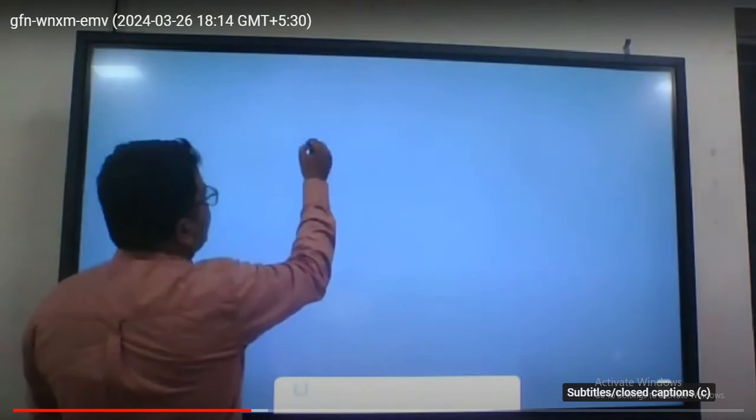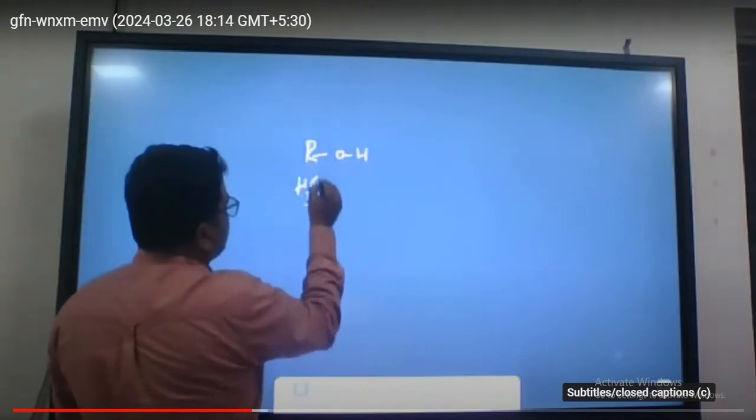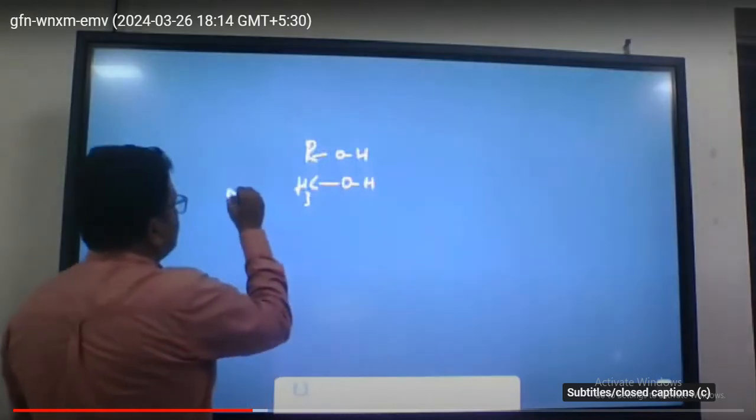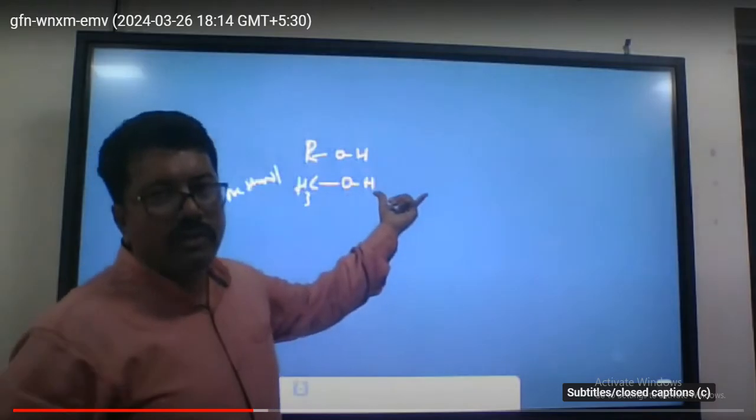For example, alcohol. See, methanol. If you substitute, R is alkyl. This is methanol. It's an alcohol. The alcoholic functional group.